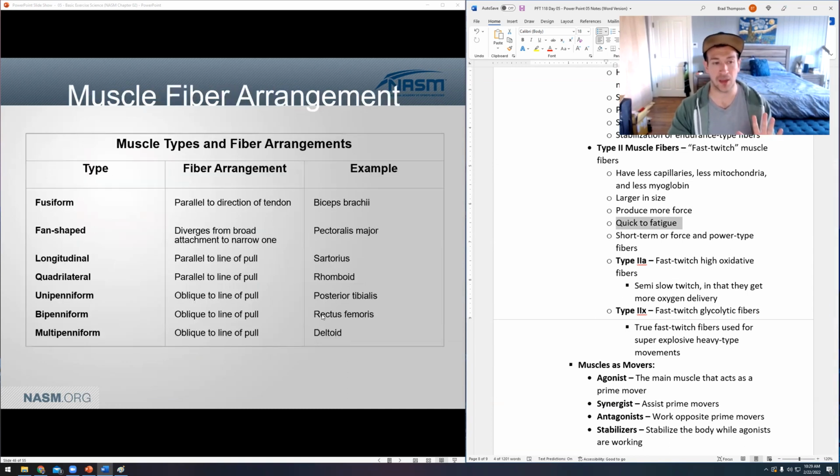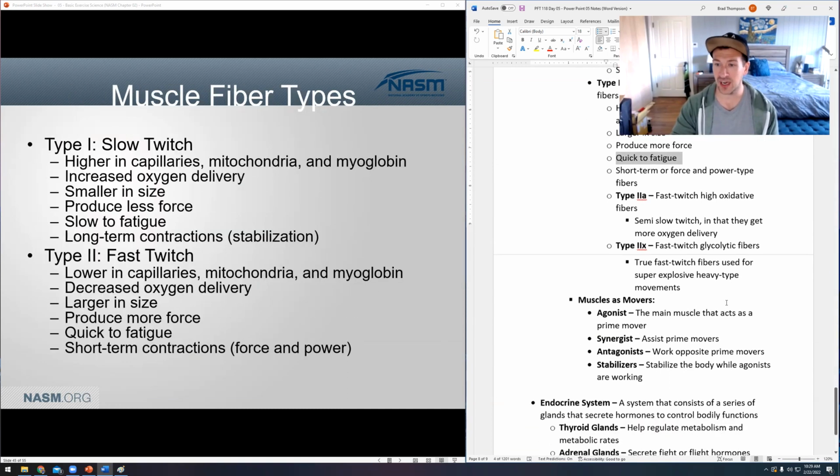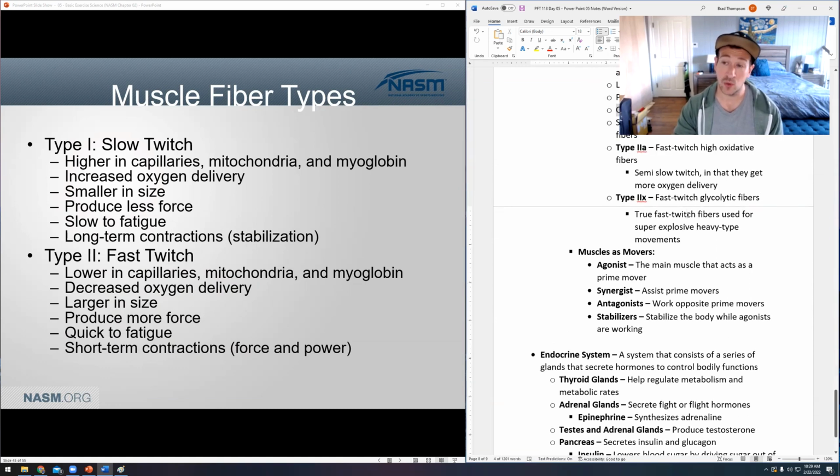Now, there are 2 subcategories here. There's type 2A and type 2X, or type 2B, sometimes you'll hear them called. Type 2A are the stopgap between fast and slow twitch. We call that fast twitch because they are big, but they're high oxidative fibers, which means they have a little bit more mitochondria and a little bit more oxygen delivery.